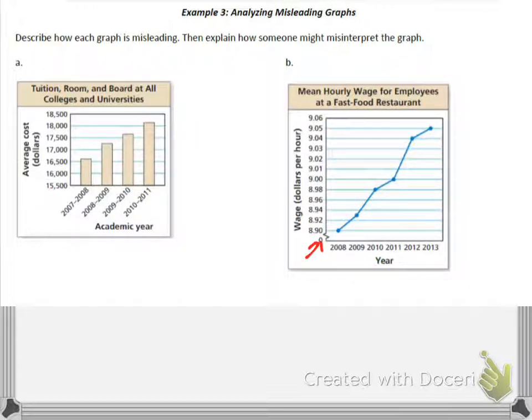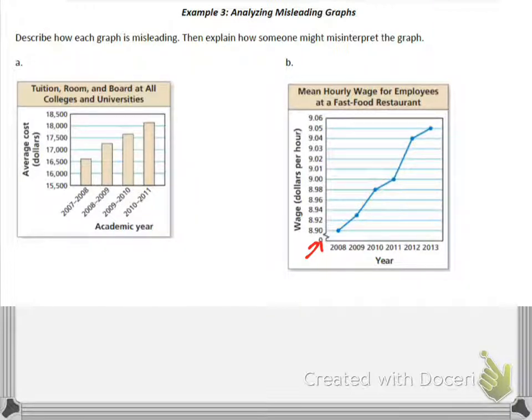We can still suffer from the same thing. Now notice, this only goes from 8.9 to 9.06. Even though that looks like a line that's going up really fast, it's not. It went from 8.9 to 9.06. It barely went up at all.